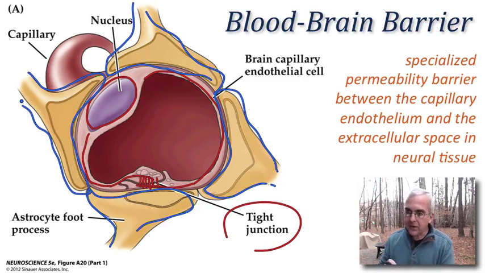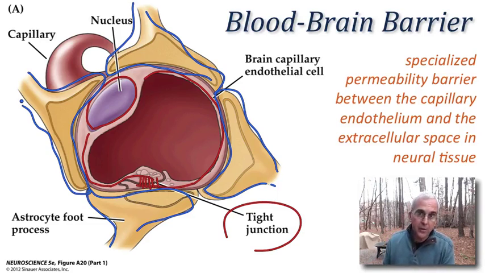So this has some very important consequences. This barrier excludes large water-soluble molecules from freely diffusing into the central nervous system, as well as certain pathological microbes and certain toxic compounds that might otherwise enter the brain. So a very important protective function formed by this limiting barrier.